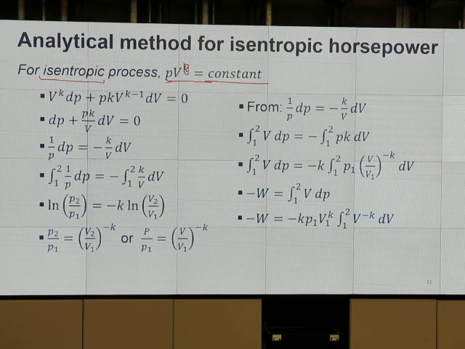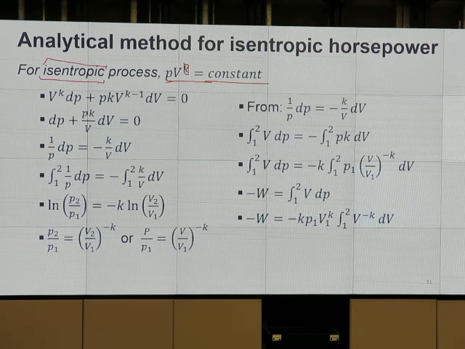Isentropic means what stays constant? Enthalpy, pressure, temperature, volume, or what?